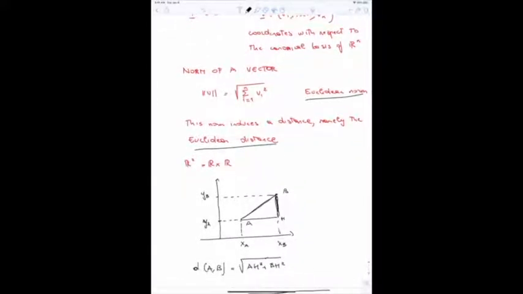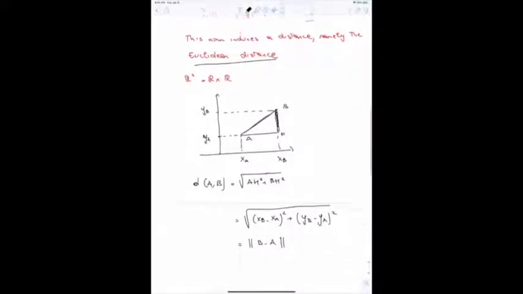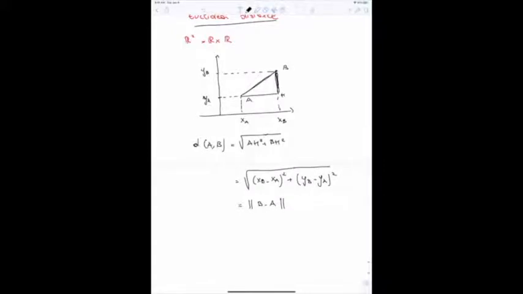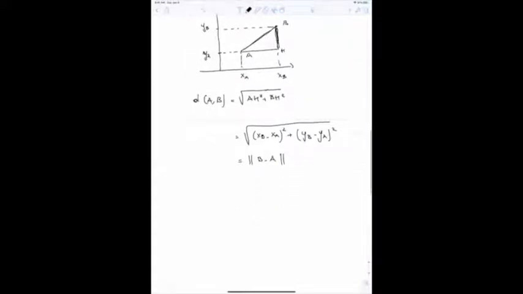The norm of the vector is the square root of the sum of the squares of the coordinates. And the distance between 2 points is the usual Euclidean distance that is defined by the Euclidean norm.